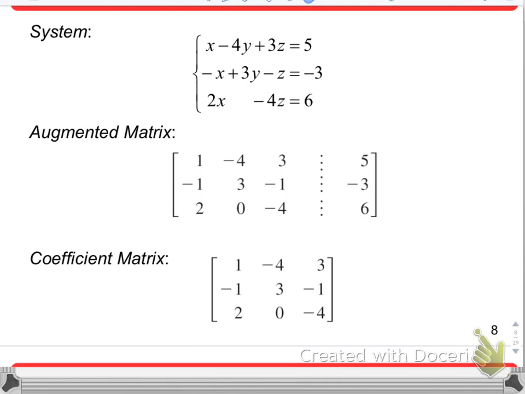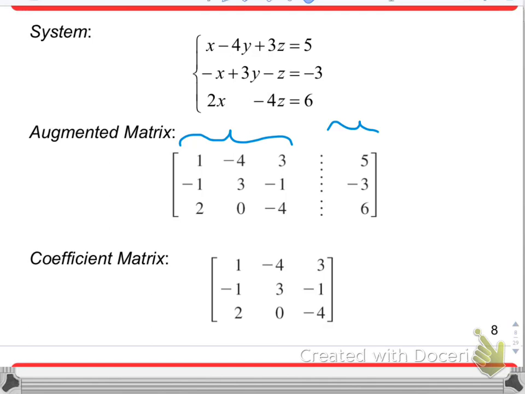All right, so let's look at this system right here. This is the system of equations. We have 3 equations, 3 unknowns. The augmented matrix is on the left-hand side. Those represent the coefficients of each of the 3 equations, and the right-hand side represents the constants, on the right-hand side of the equal sign.